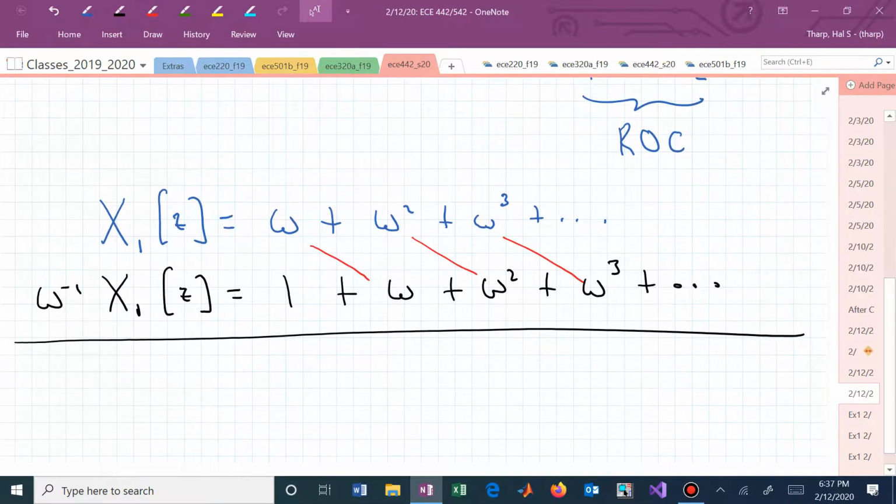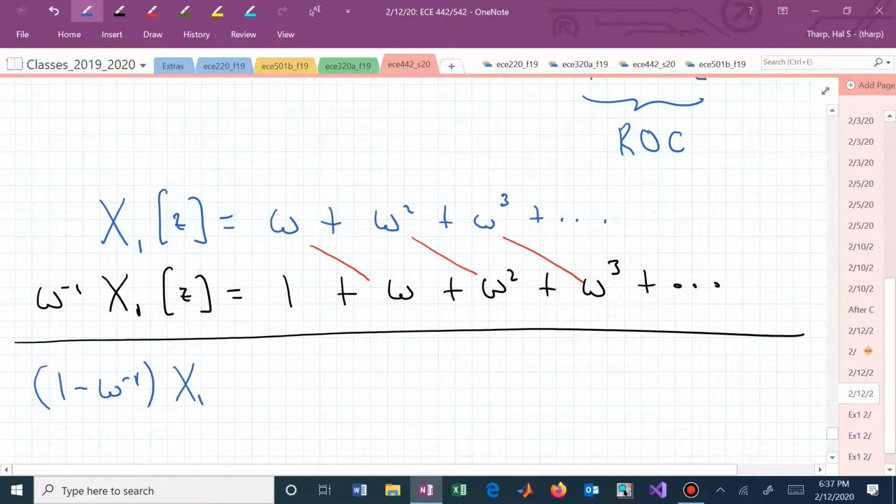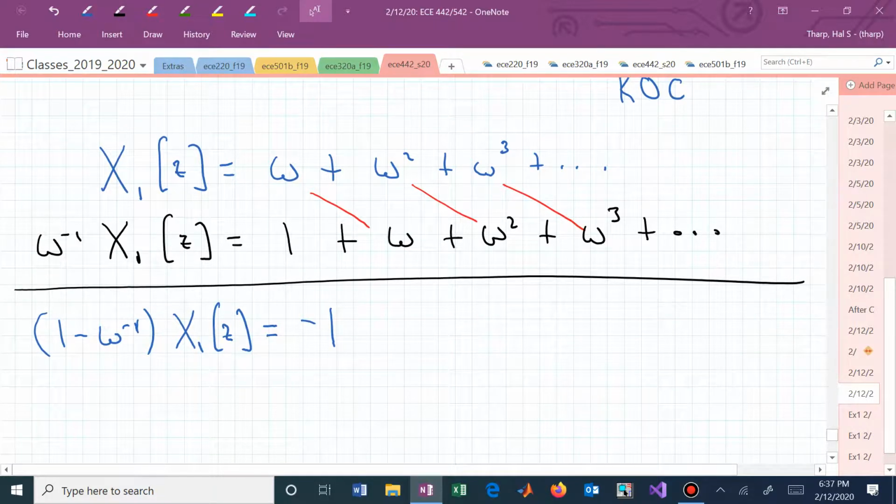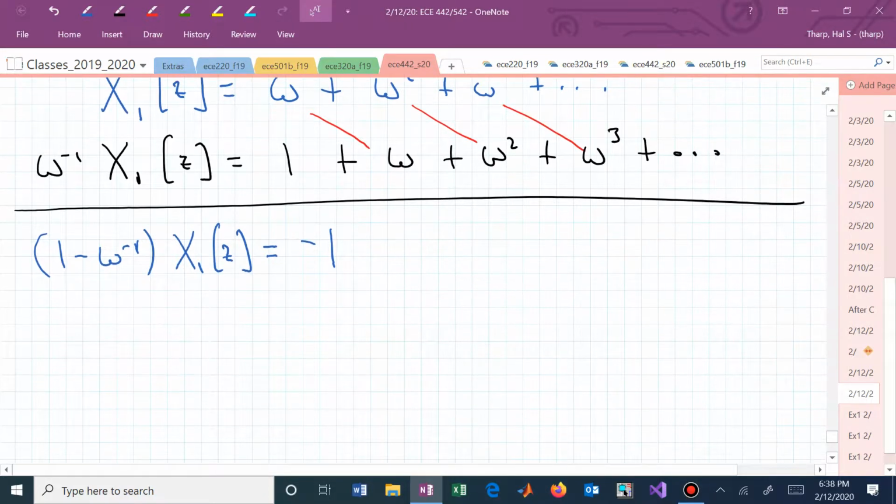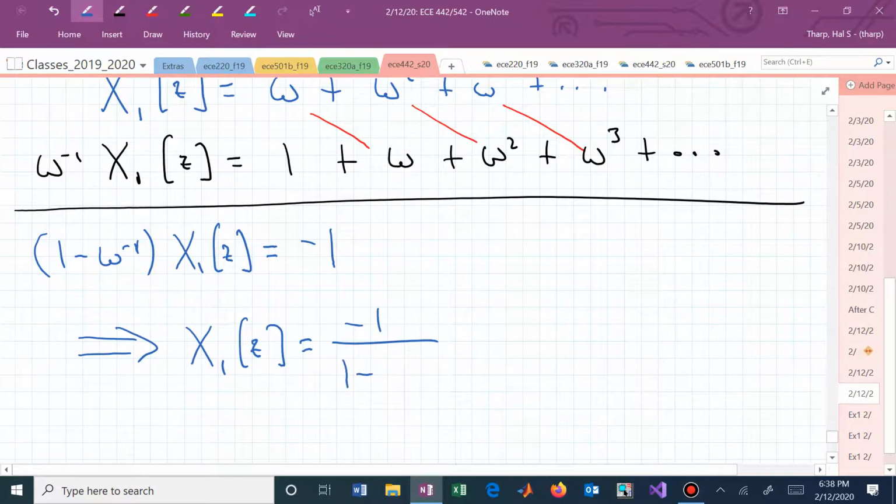If I now take their difference, I have 1 minus W inverse times X1 of z equaling what? Now I've subtracted the second from the first, so I have a minus 1 on the right-hand side. Or capital X1 of z is now minus 1 over 1 minus W inverse. Or if I multiply that by W, I end up with minus W over W minus 1.